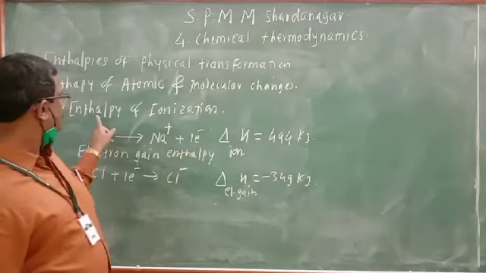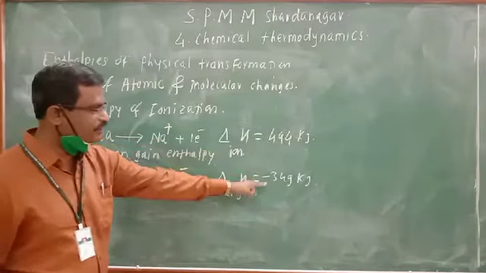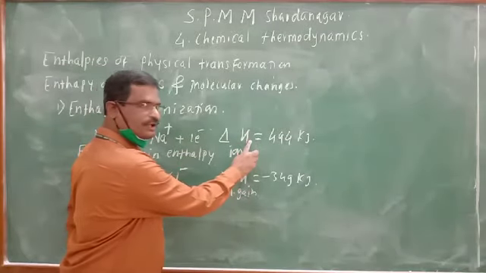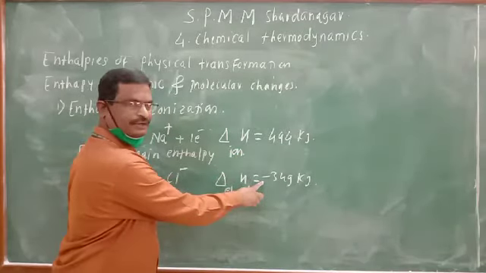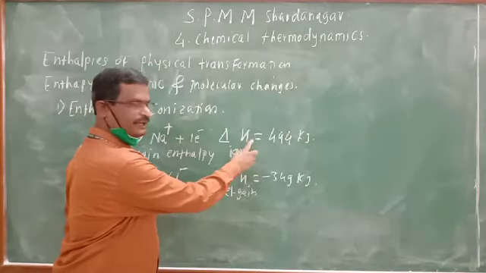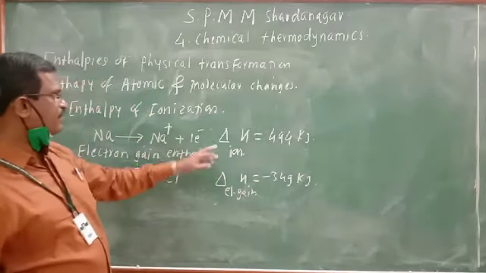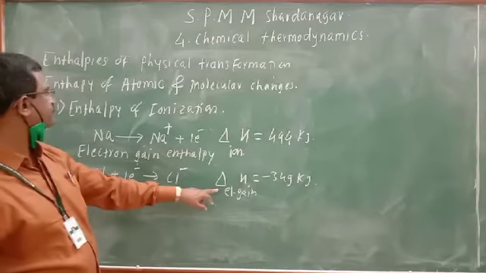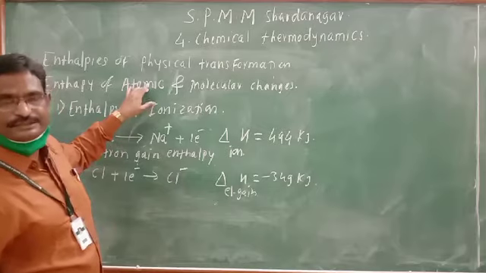So enthalpy of ionization and electron gain enthalpy have opposite signs, because here is the loss of electron, here is gain of electron. So signs of enthalpy of ionization and electron gain enthalpy are opposite. So it is about the enthalpy of atomic changes.